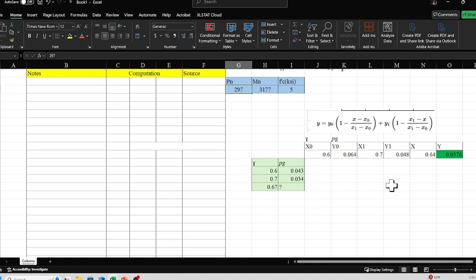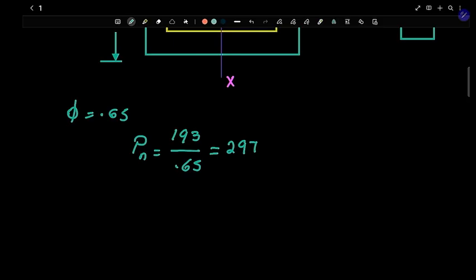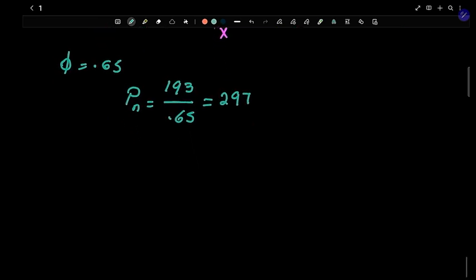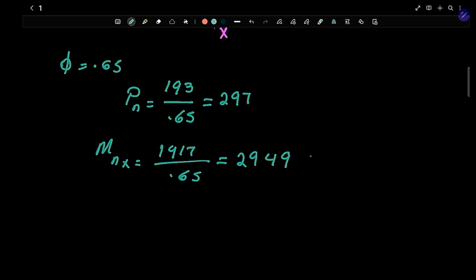And let's go back to the writing again, and then we're going to go ahead and calculate nominal Mnx, and that was 1917 divided by 0.65. 1917, that was a good year, you know that. 2949, that'd be inch-kip.